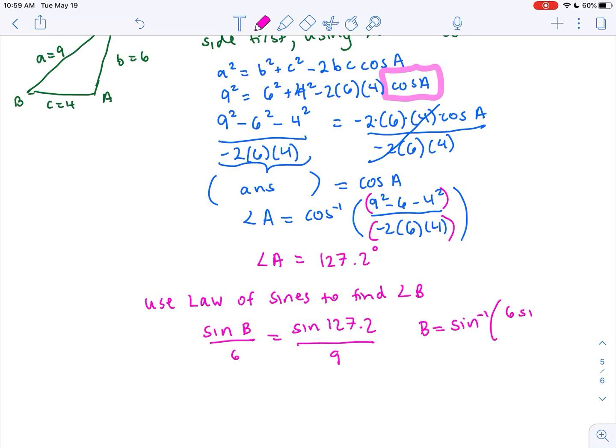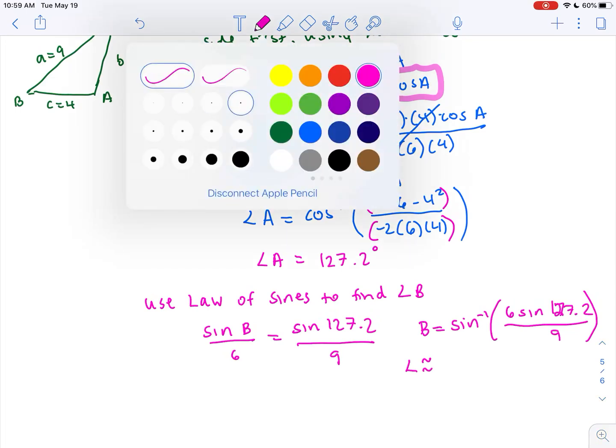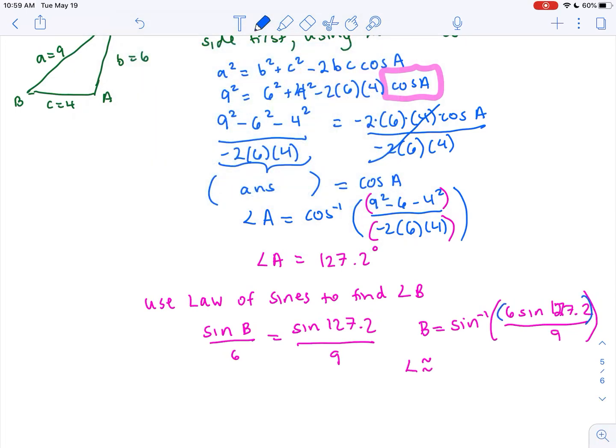Then we solve for angle B by isolating it. That's going to be the inverse sine of 6 times sine of 127.2 over 9. Finding the inverse of that on your calculator, again, try to write that expression with parentheses around the numerator.